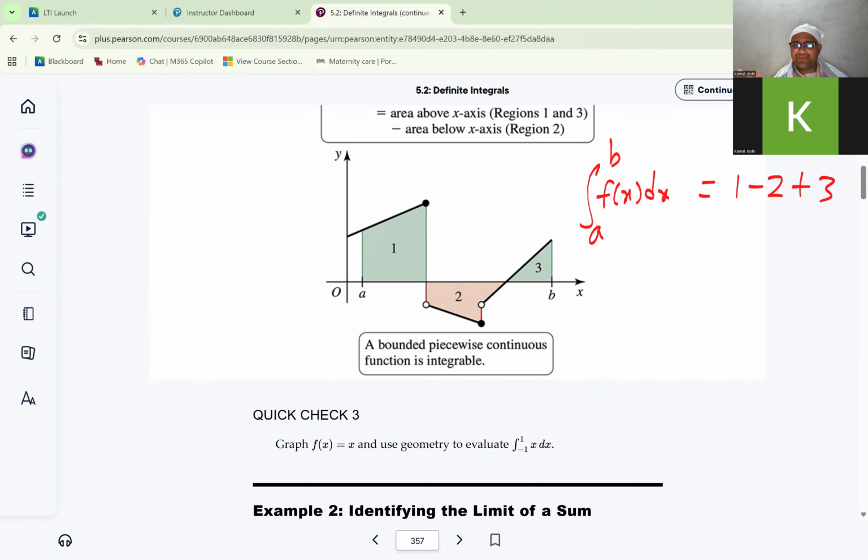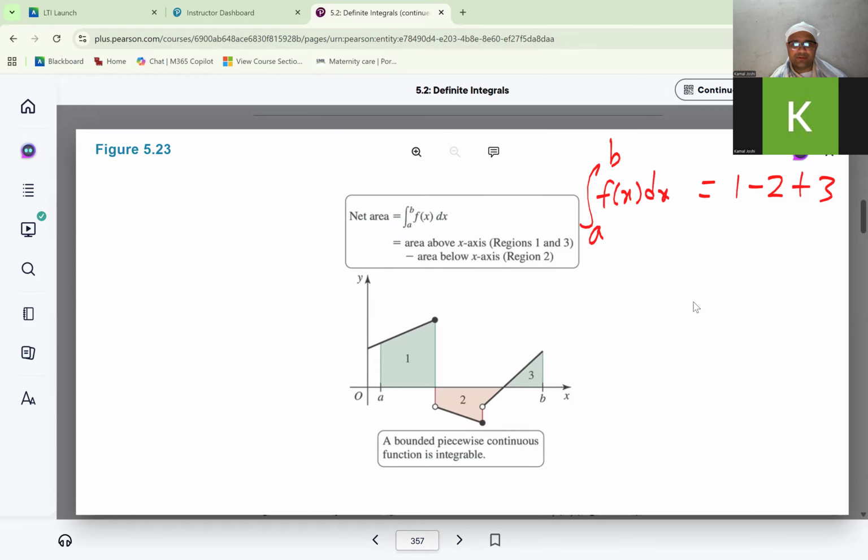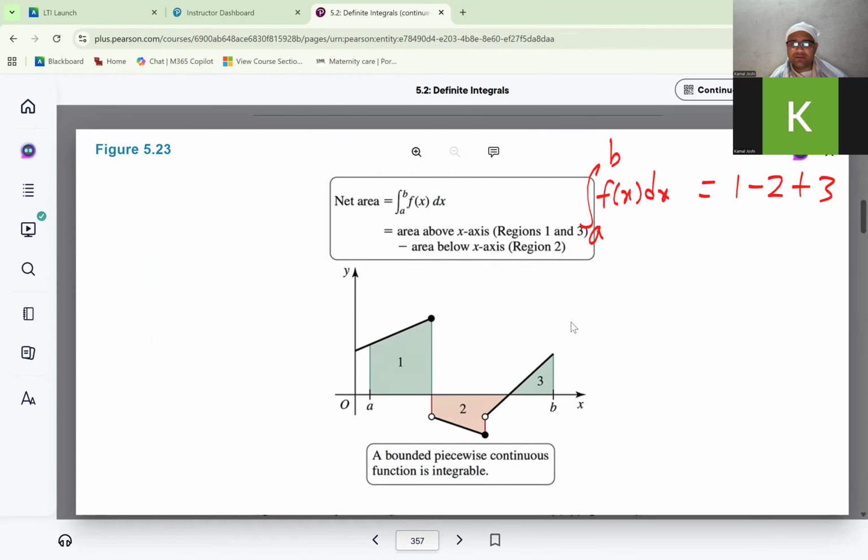I meant whatever 1 represents, that area 1, okay? But you have to subtract 2 because it is below the x-axis. All right. Moving on. That was the figure.